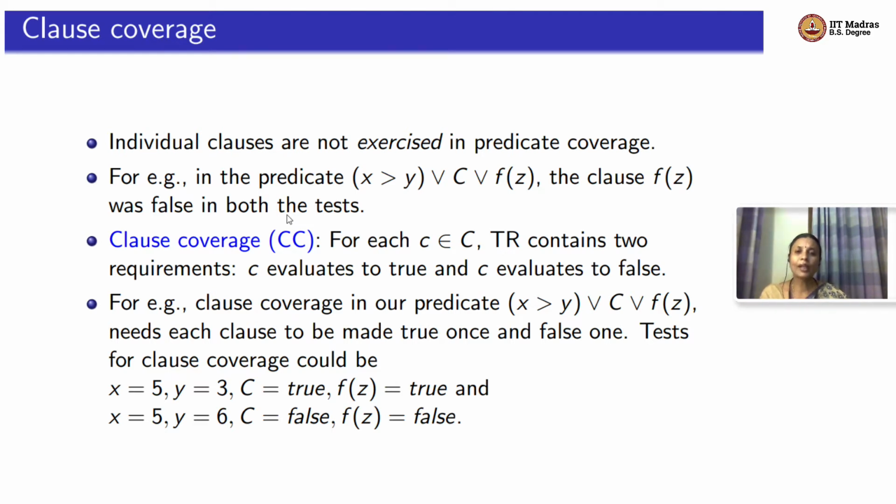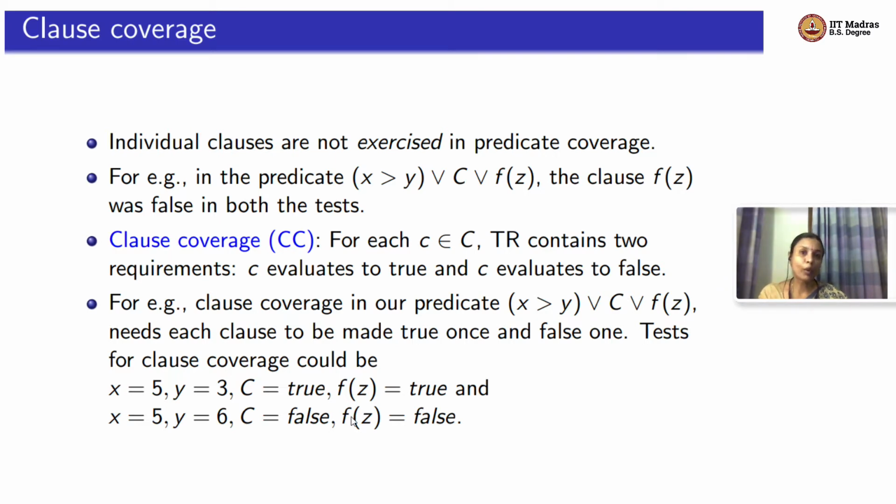For example, if you take the same predicate, x greater than y or c or f of z, which had three clauses, we take each of the three clauses and make it true once, make it false once. So x greater than y is made true once by, say, assigning x is 5, y is 3, is made false by assigning x is 5, y is 6. C is made true once, C is made false once. F of z is made true once, F of z is made false once. Right. So this is what is clause coverage.